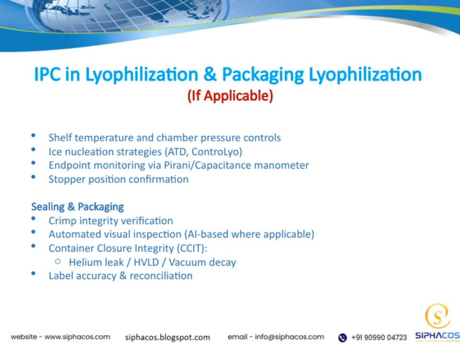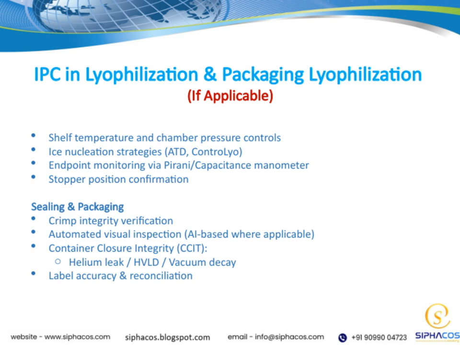Moving into sealing and packaging, crimp integrity verification ensures that the containers are sealed tightly and securely, which is crucial for maintaining sterility and product stability. We also implement automated visual inspection systems, often AI-based, where applicable.